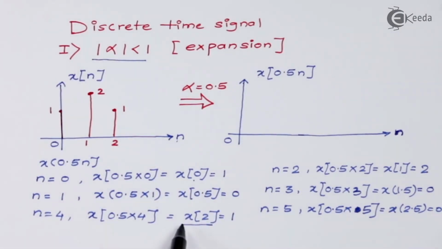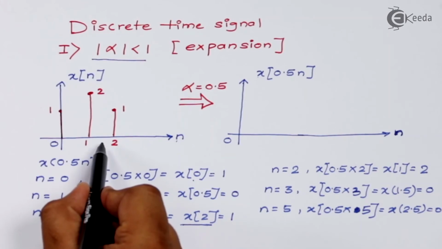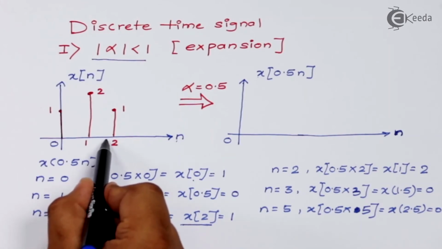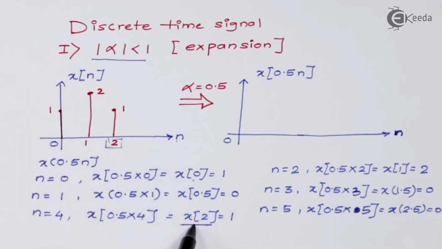So if you calculate beyond this level, you will get 0. You have to perform this substitution until you reach x of 2. I have already reached n equals 4, which means we have to stop. If we move further, you will get 0 amplitude.